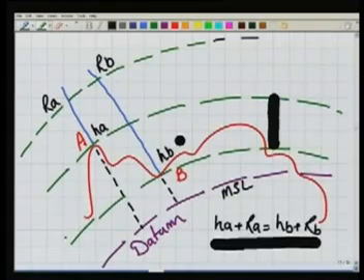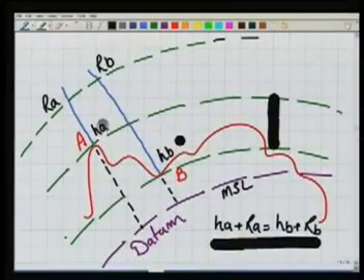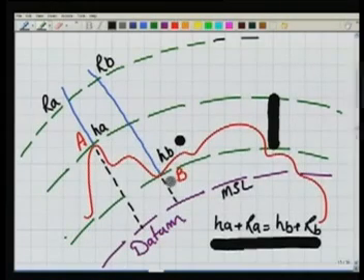To determine the relative height difference between these two, or if I know the RL of A and want the RL of B, I should establish a surface parallel to the datum, use it to find RA and RB, and then use this equation to find the desired values.